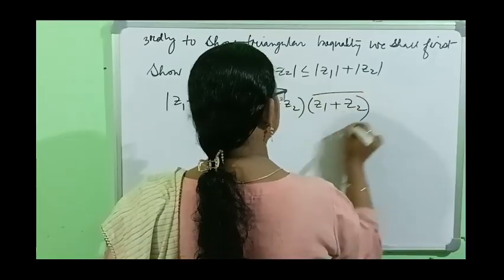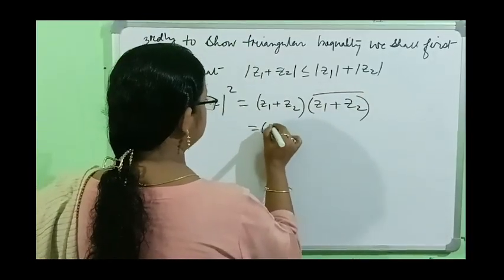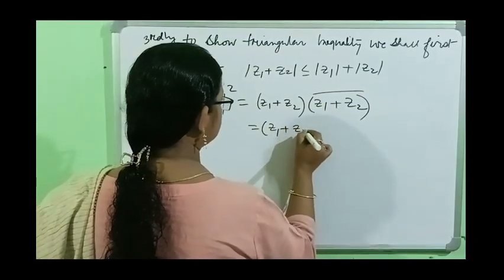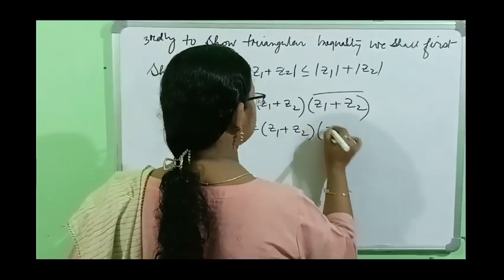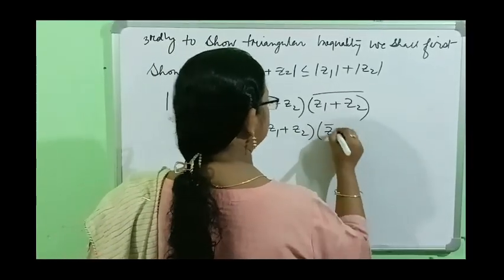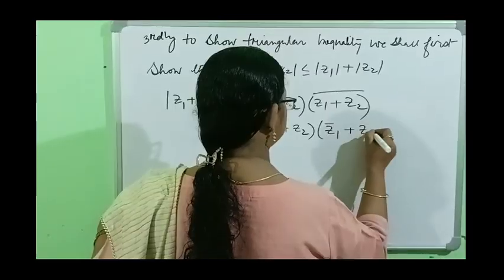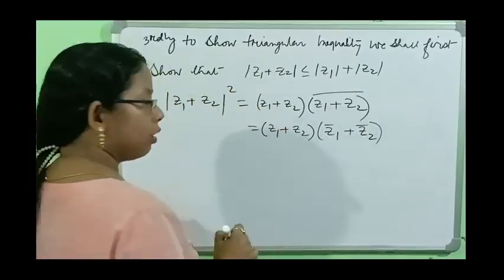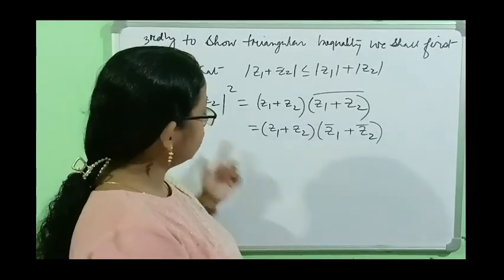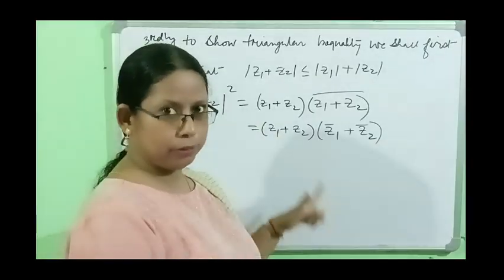Again, by using the property of conjugate, this is equal to Z1 conjugate plus Z2 conjugate. This is from the properties of conjugate of complex numbers that you have studied.